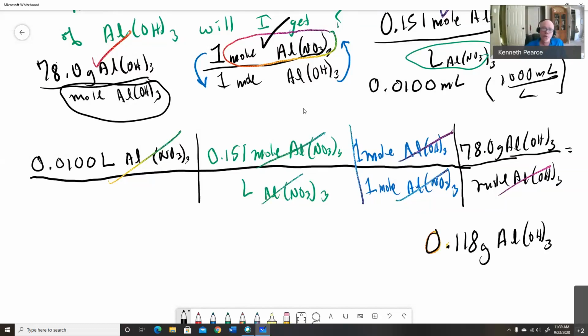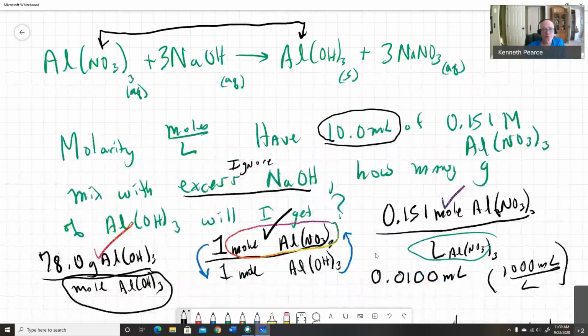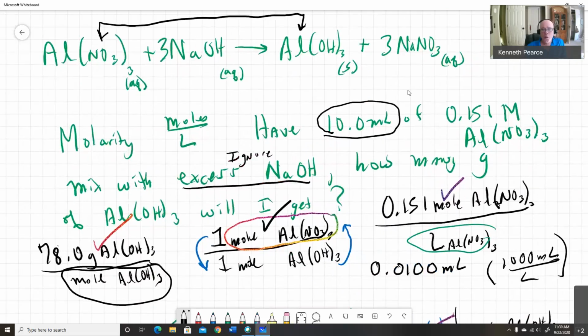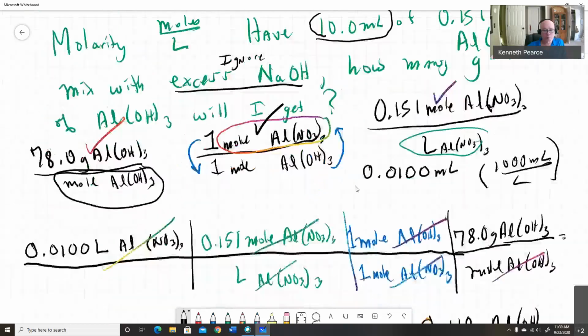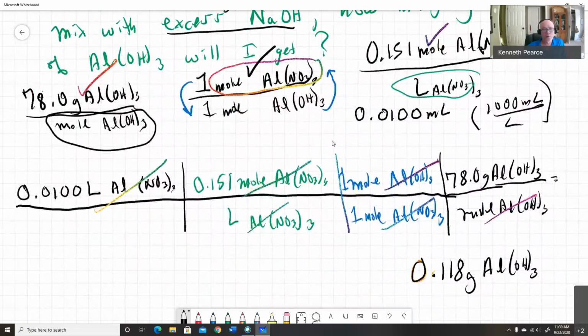So there's several skills, but they all end up looking remarkably similar in the sense of what do you have to do, what do you have to find. Like for instance, this problem we just did, the only key addition is the idea of molarity, which is moles per liter, and so I had to pull down the concentration and make it a conversion factor, and then everything else is just like we did in the previous chapter. And so that's how we end up setting this up.